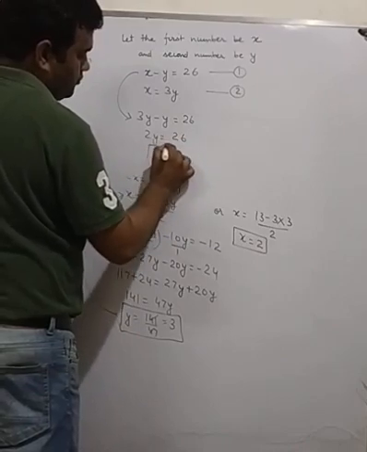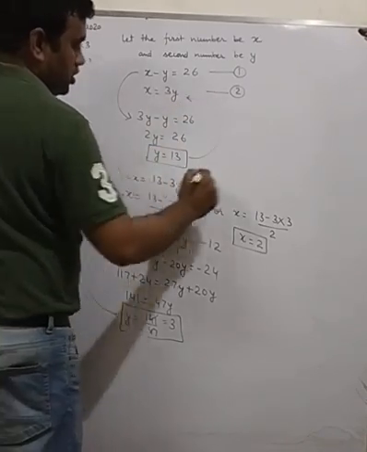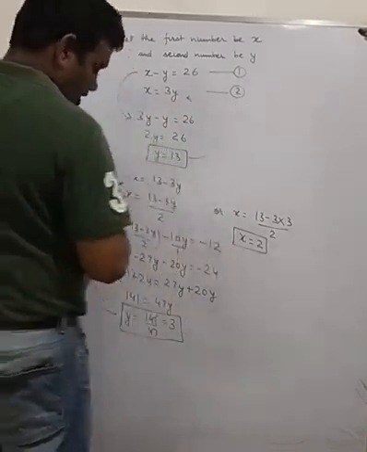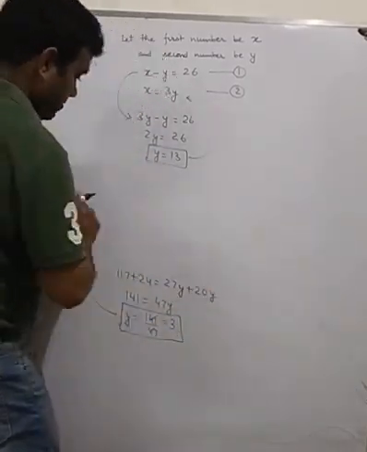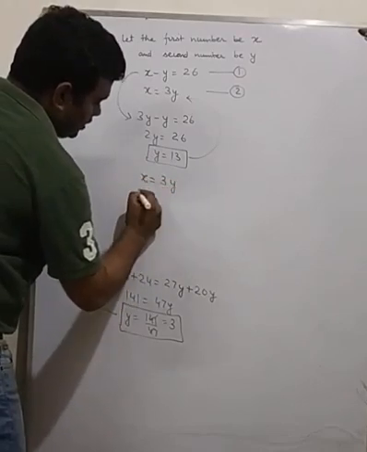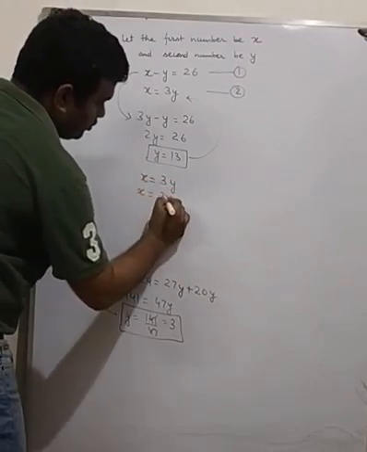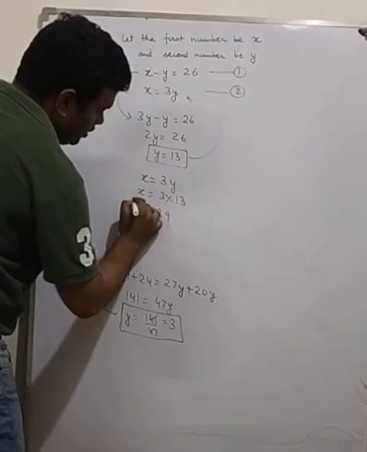Again, if we put this value of y here, x is equal to 3y, so x is equal to 3 into 13, x is equal to 39.